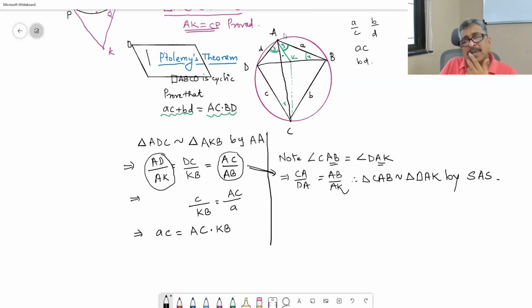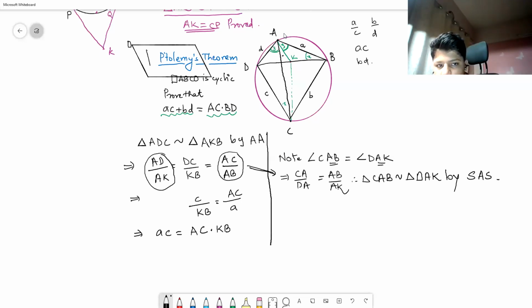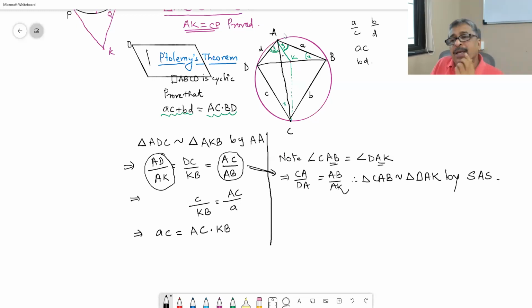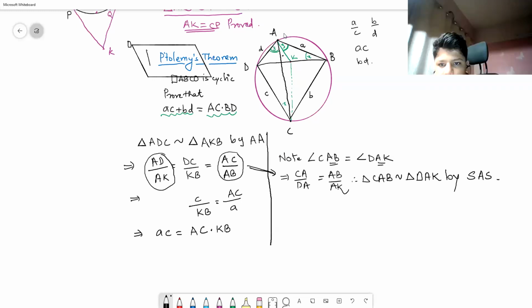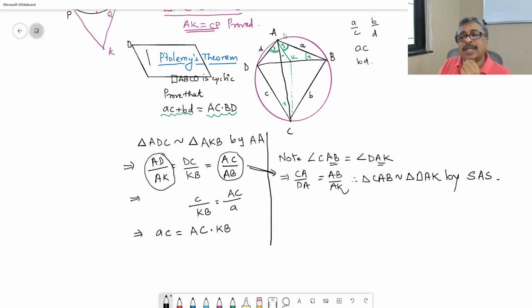Are these two triangles similar by AA also? Yes, sir. Have you done it by the AA method in your calculation? Yes, sir. Good, very good. But I would like to do it by SAS in my calculations because there is an advantage of doing it by SAS. Anyway, these are similar triangles, therefore their ratios are going to be equal.